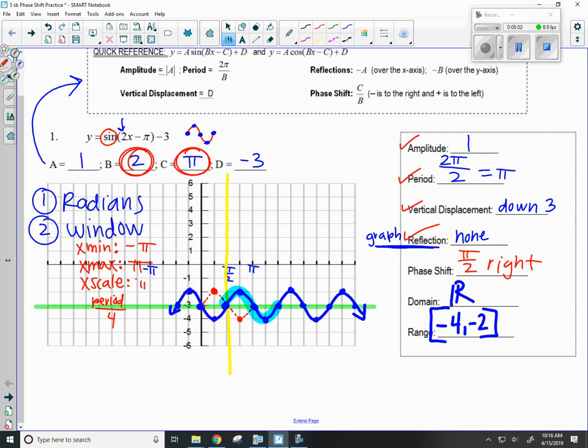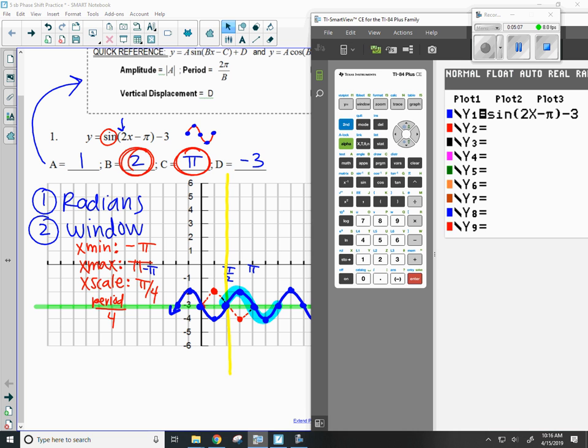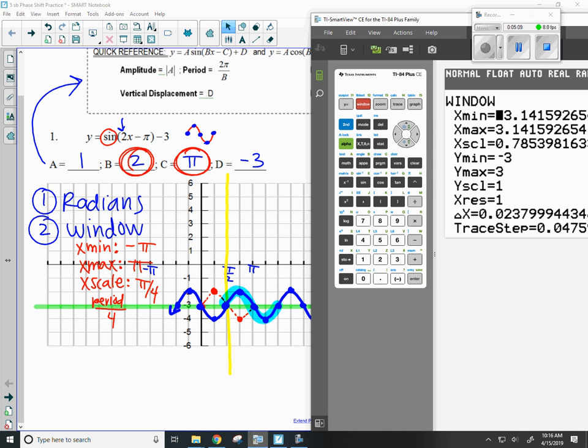So in this case, it'd be pi over 4 for your scale. If I go to Window, I want to make it go from negative pi to positive pi, and I'm going to make the scale be pi over 4. And I'm going to make the x and y min and max match up with the graph that's on your paper. So I'm going to make it go from negative 6 to 6. And hit graph.